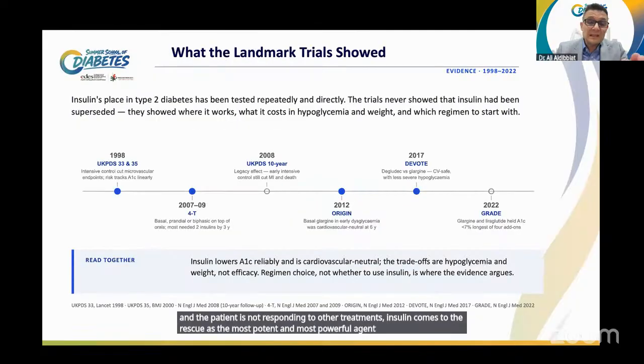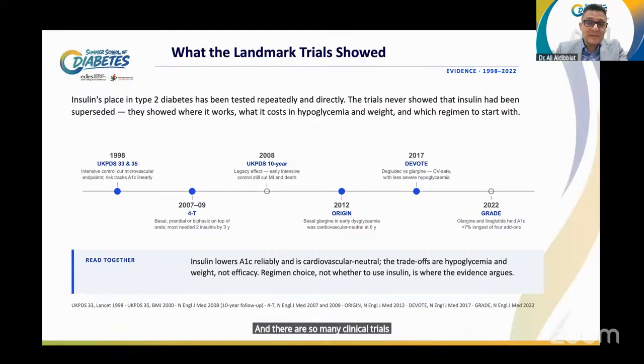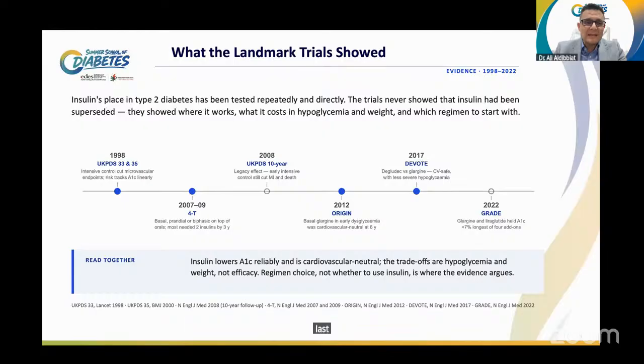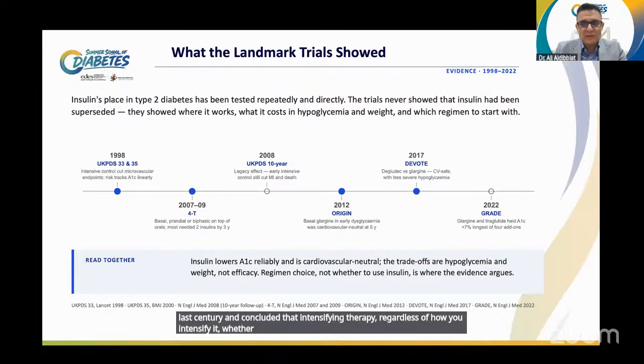And there are so many clinical trials that have shown the safety and efficacy of insulin. It's not new. The first major landmark clinical trial was the United Kingdom Prospective Diabetes Study, which started in the 80s of last century and concluded that intensifying therapy, regardless of how you intensify it, whether with insulin or other treatments, gives the best outcomes moving forward.